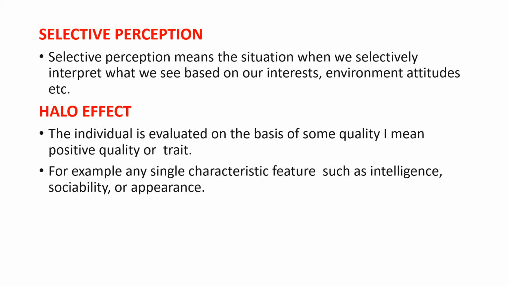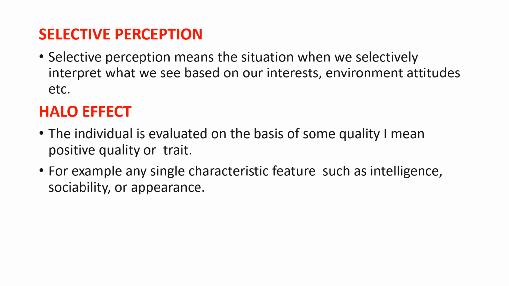Next is selective perception. Selective perception means the situation when we selectively interpret what we see based on our interest, environment, attitude, etc. If you are seeing a picture and you are interested in flowers, you will selectively take the flowers from the main scenery.